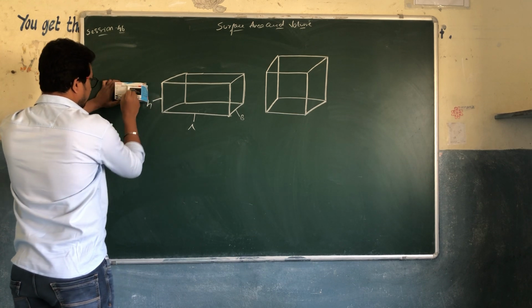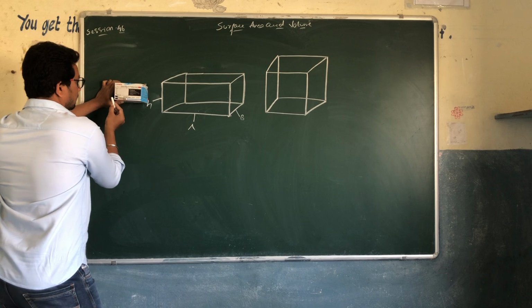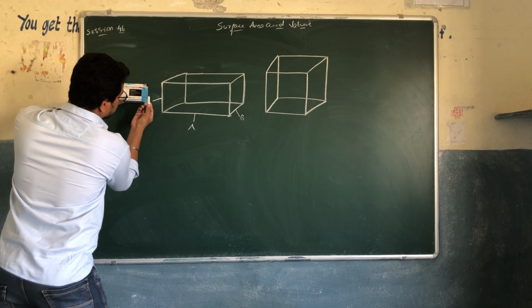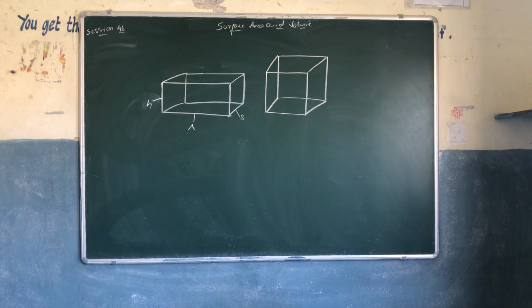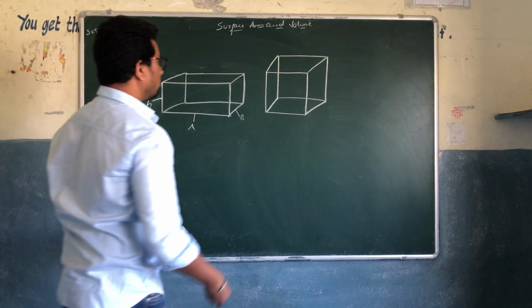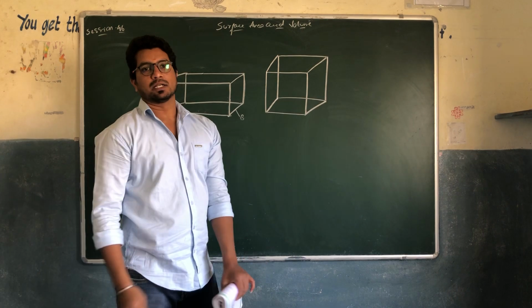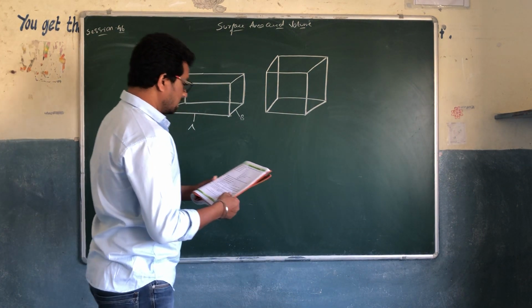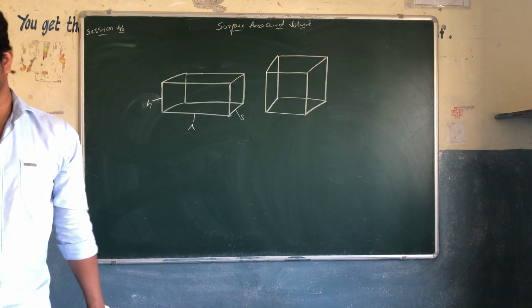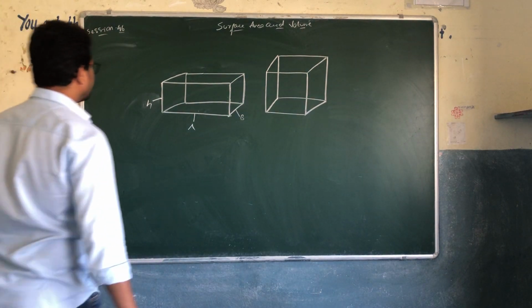This is height, this is length, and this is breadth. Whereas in cube, all the sides are same. So that is about cube and cuboid.